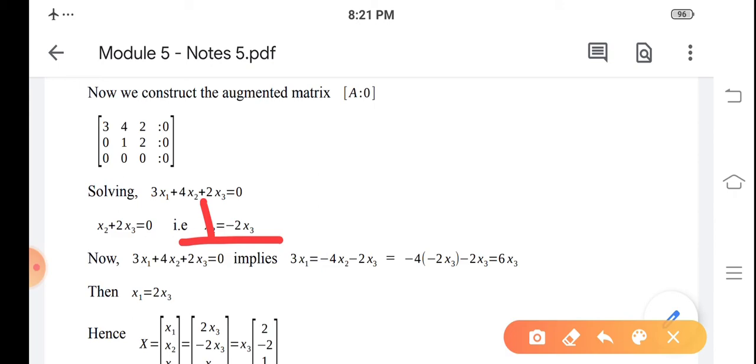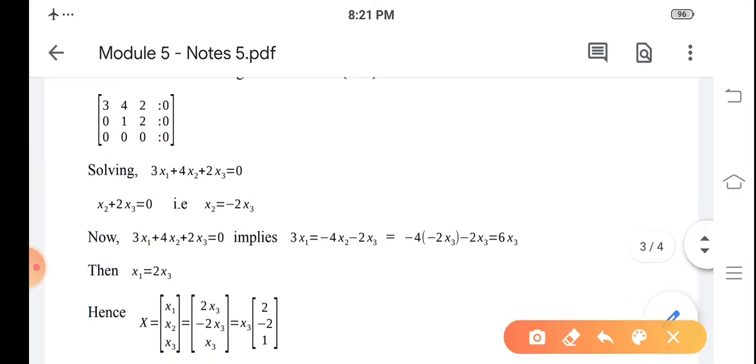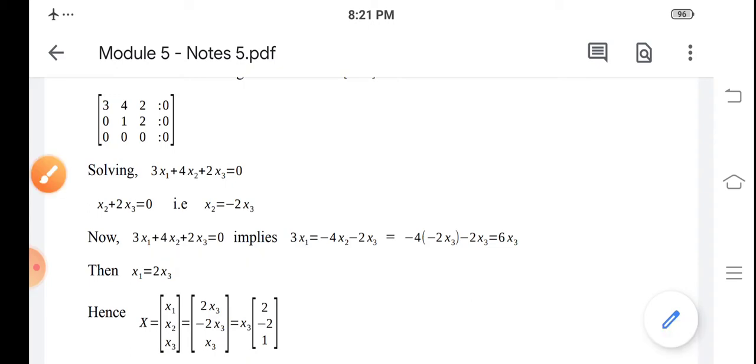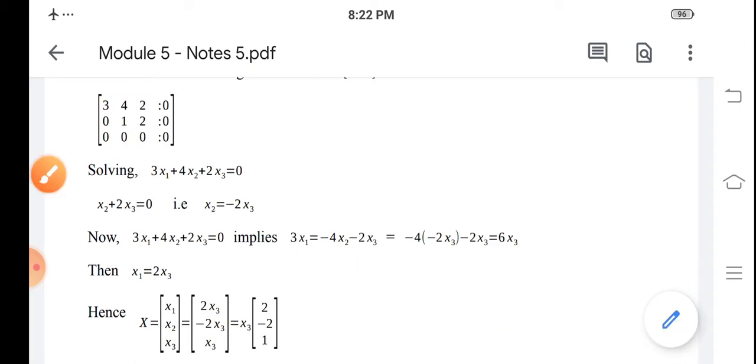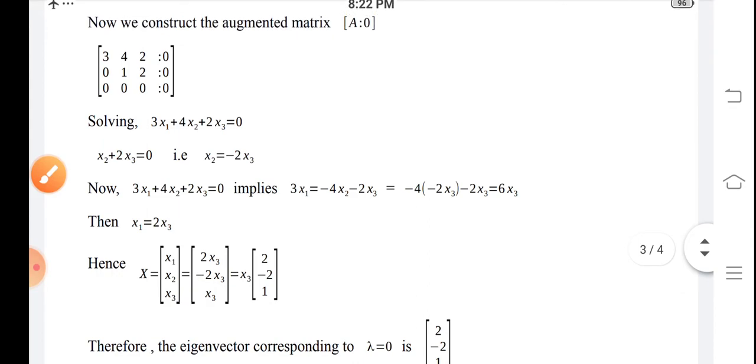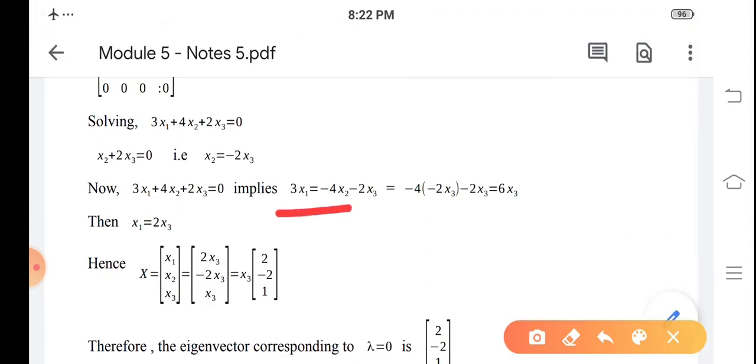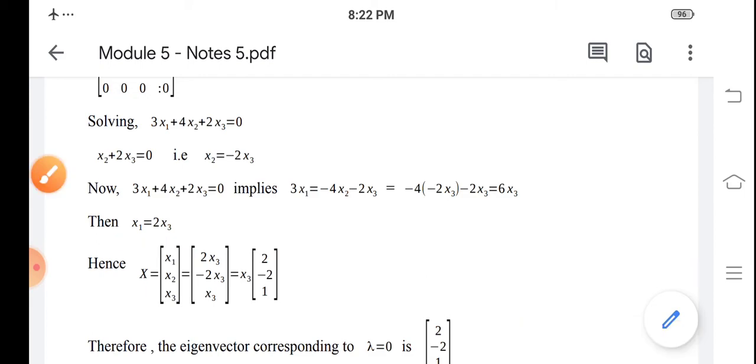Using this in the above equation 3x1 plus 4x2 plus 2x3 equal to 0, we can write 3x1 equal to minus 4x2 minus 2x3, or minus 4 into minus 2x3, which gives 8x3 minus 2x3, that will be 6x3. So we are getting 3x1 equal to 6x3, or x1 equal to 2x3.